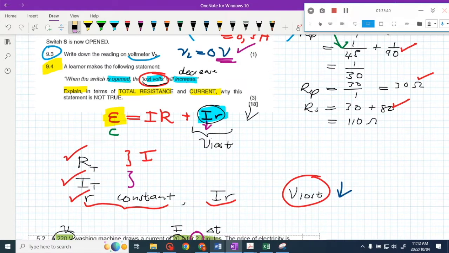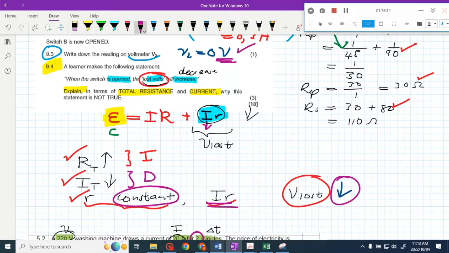We said that when we remove a resistor in parallel, the total resistance increases. The current therefore decreases, and as a result, V lost decreases. My bad. I'm very, very sorry. So this resistance is the independent variable. As a result of it, the current, the dependent variable, changes. And since this is a constant, this is going to decrease. Is that okay, guys? Did I cause major confusion?